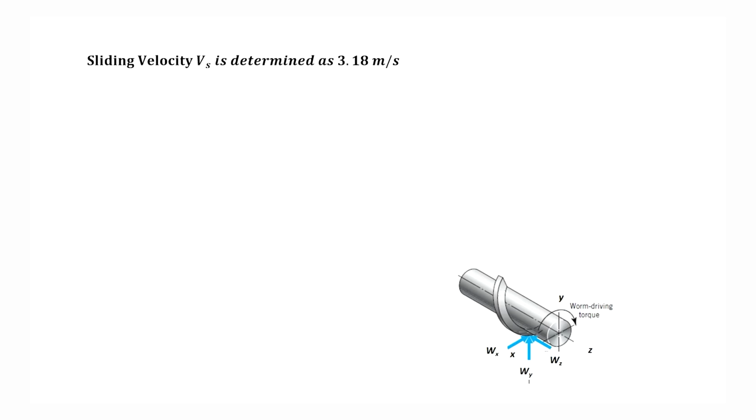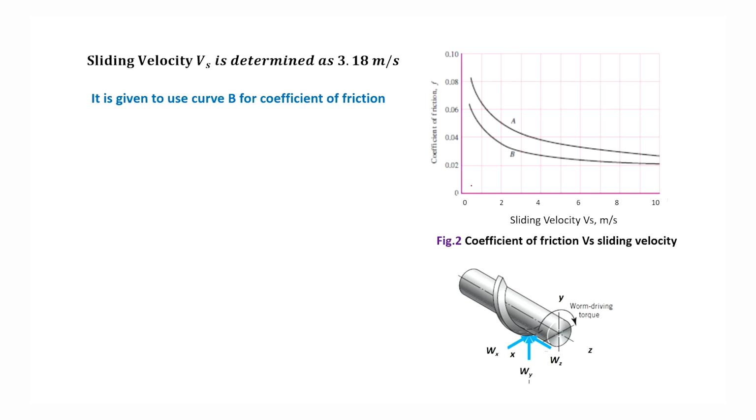Now, the sliding velocity Vs is determined as 3.18 meter per second. It is given to use curve B of the coefficient of friction. Coefficient of friction curve is given here. On the x axis is the sliding velocity, on the y axis is the coefficient of friction, and two curves are there, curve A and curve B. And in our problem, it is given that the system is in such a way that we have to use curve B to get the coefficient of friction.